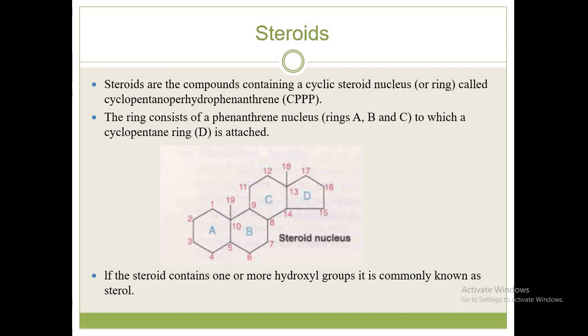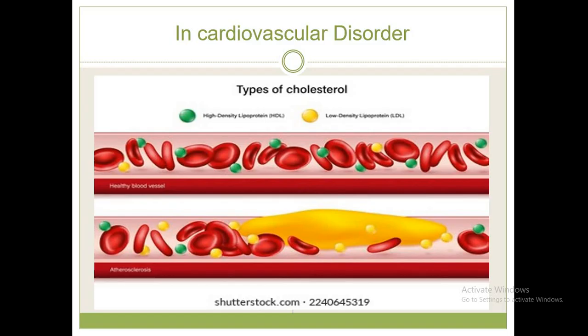So from this structure, when we have a modified structure, we obtain quite a number of products that are known to be biologically relevant. What are those compounds that are formed from this steroid nucleus?